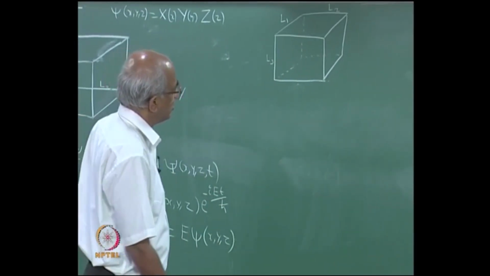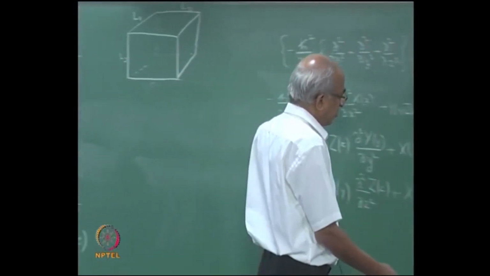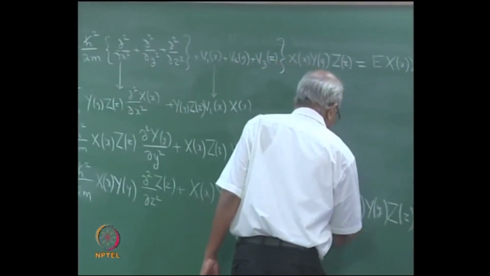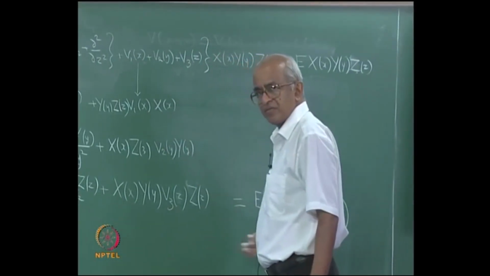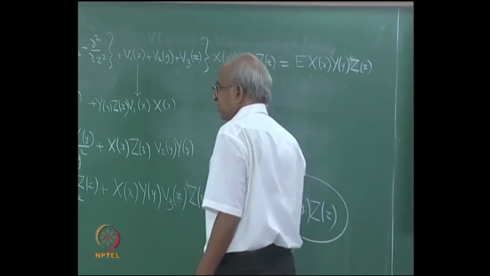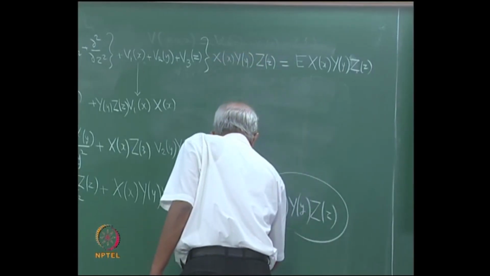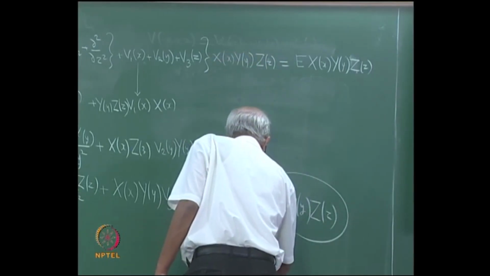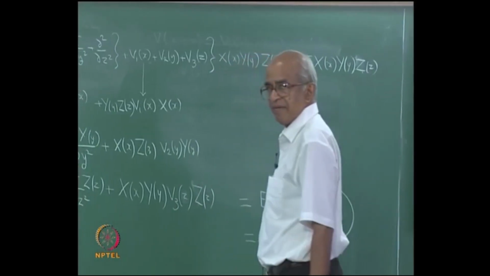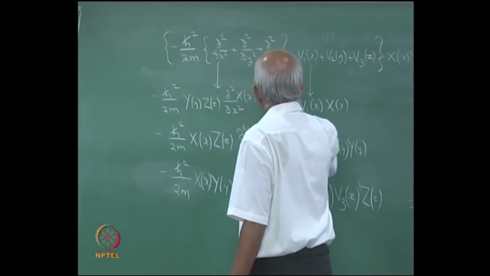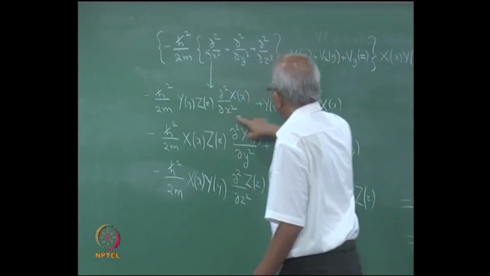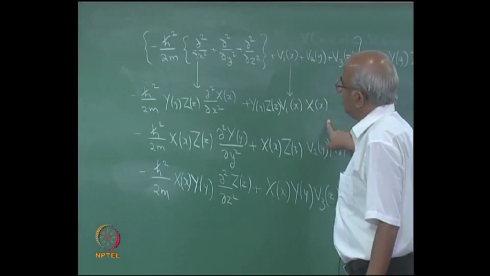So, what I am going to do is, I am going to divide throughout by this expression, and then what will be the answer? Well, on the right hand side I am going to get E. If you look at these two terms, what will happen?